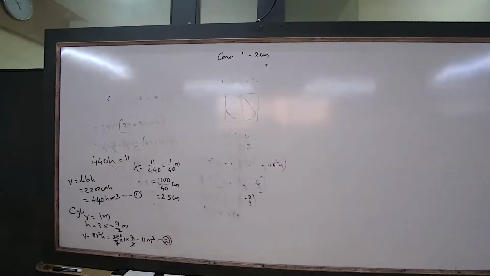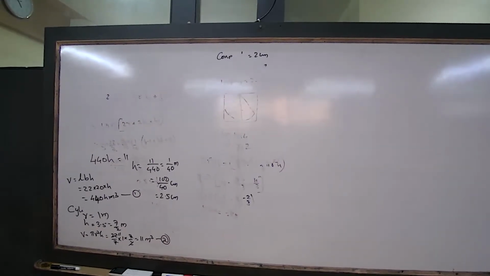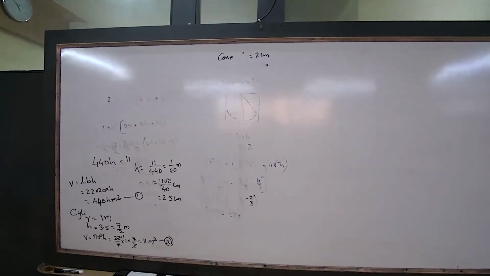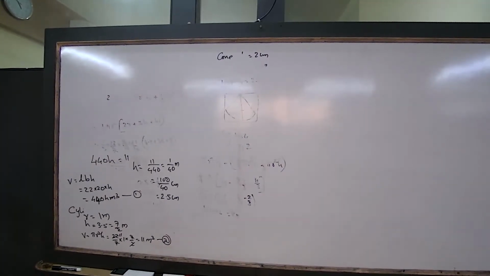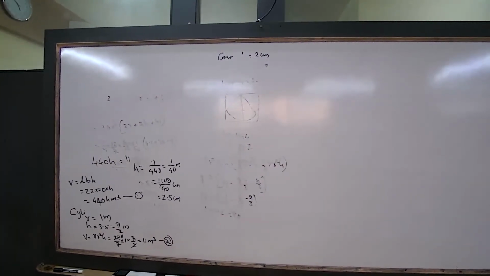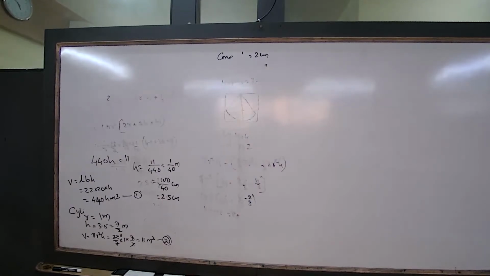What will remain the same? Volume. Means what? Volume of the hemisphere is full, na? Both are full. Volume of the hemisphere is equal to volume of the cylinder. Yes or no? So right.